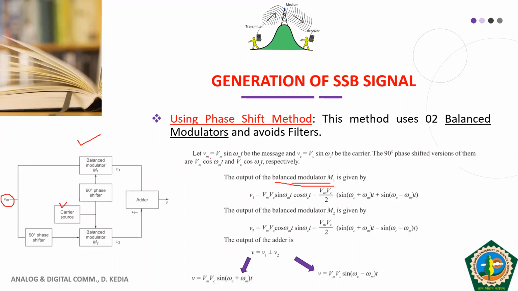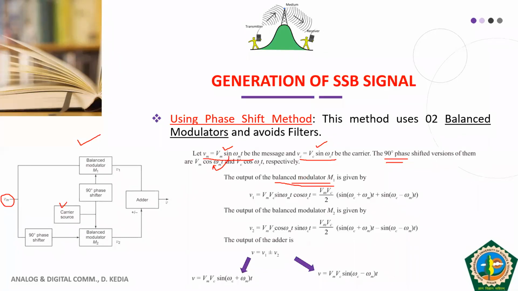Our modulating signal is represented as Vm sin ωmt, that is the message signal, and the carrier is represented as Vc sin ωct. Fine. And you are well aware of the mathematical concept: if we provide a 90-degree phase shift, then sine becomes cosine.